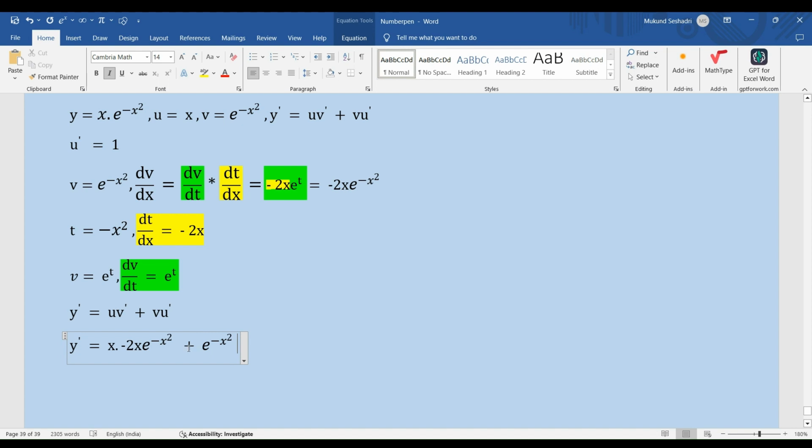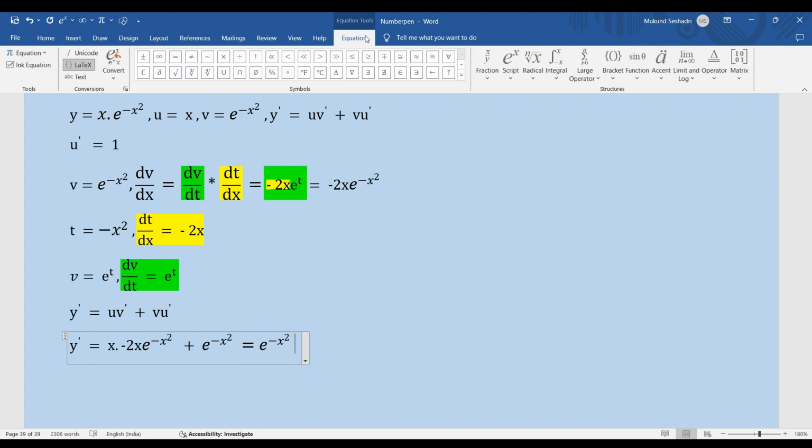So there we have it, and I think I can combine the x's in the first part. I can rewrite my answer as e to the power minus x square, which is a common factor. I will pull that out, and I'll bracket the remaining. I will have minus 2 times x square plus 1, right?